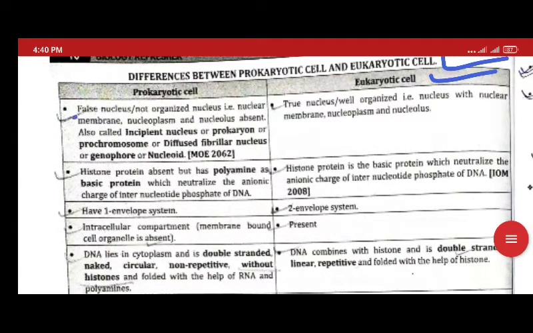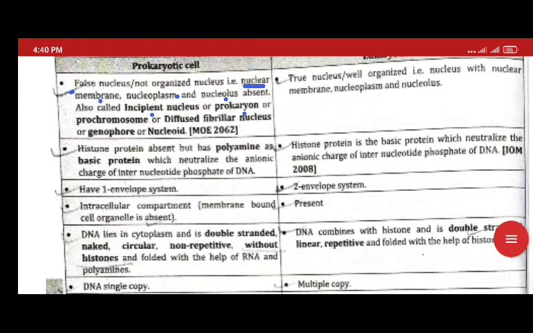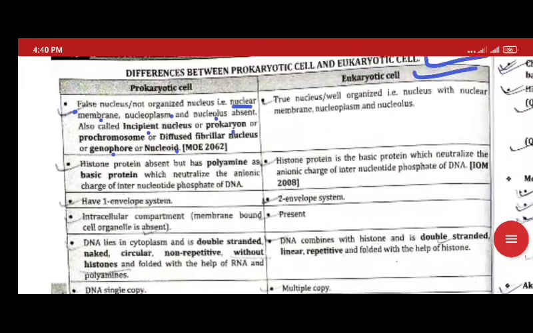Here the false nucleus, that is incipient nucleus or prokaryon, doesn't contain nuclear membrane, nucleoplasm and nucleolus. These are parts of the nucleus and they are absent in the prokaryotic cell, which has a nuclear region called genophore or nucleoid.